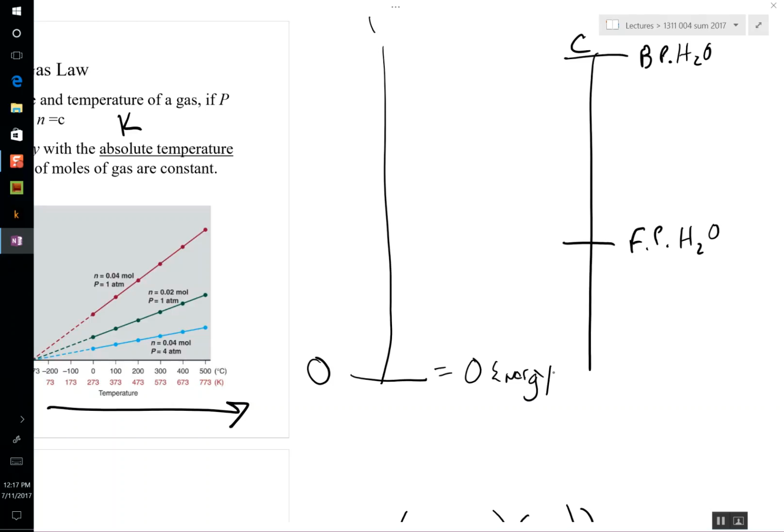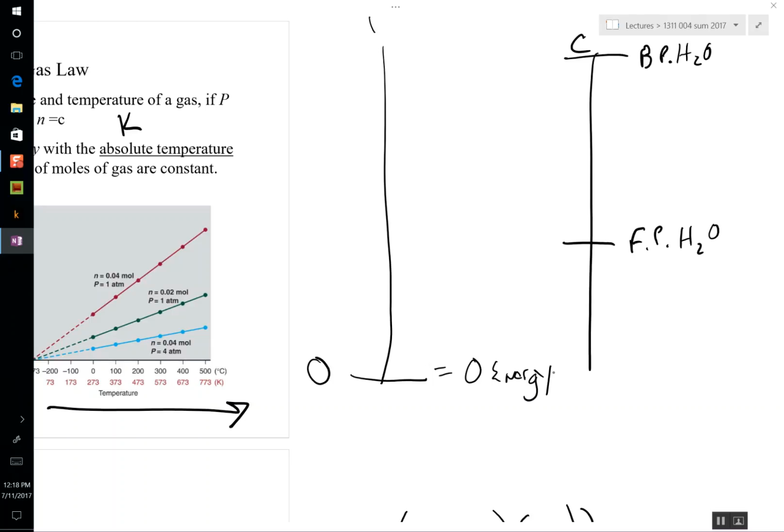Because as you raise the temperature, you're raising the energy, making these molecules move more, and they will expand a balloon, or expand in a chamber, because they are moving faster. They've got more energy, bouncing against the walls of that cylinder with greater force, which is directly proportional to their Kelvin temperature. Okay, so that's why Kelvin dictates this.